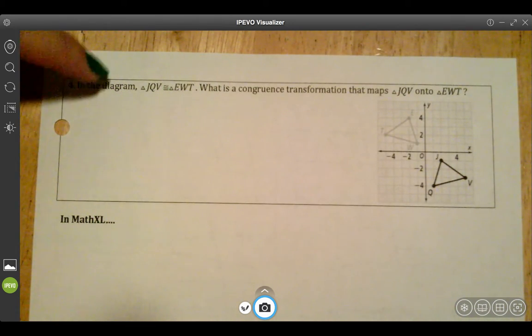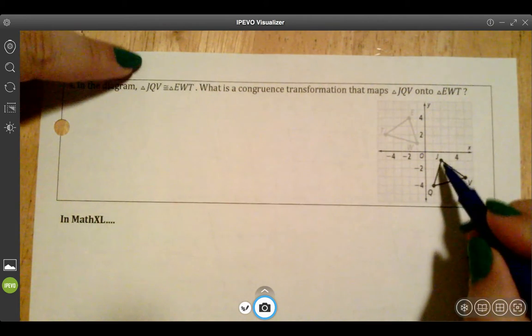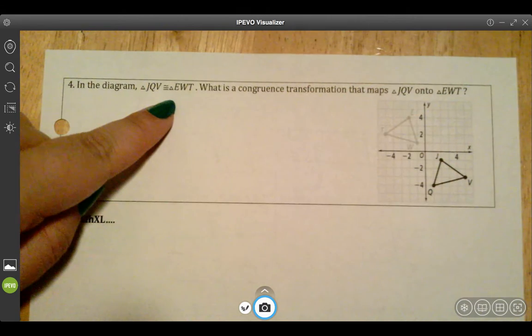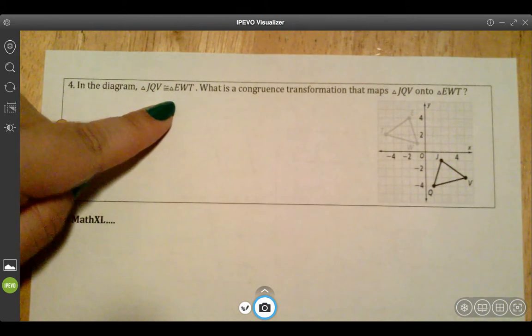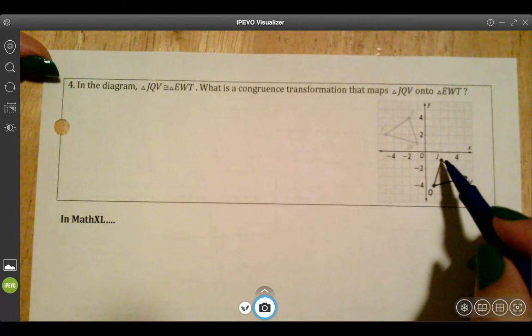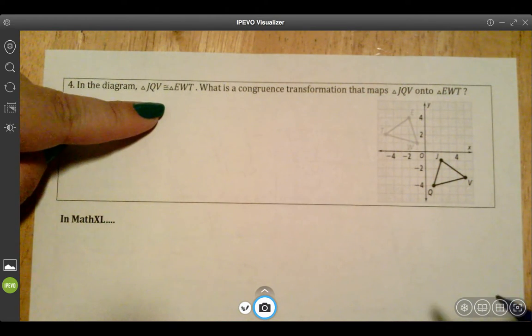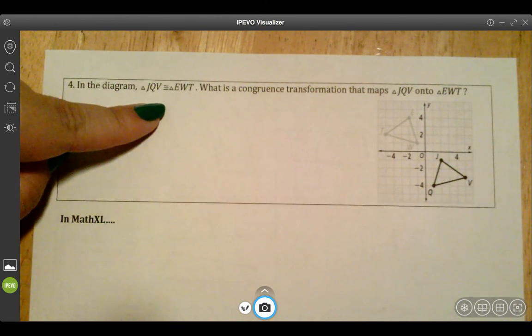In this example, we have triangle JQV and triangle EWT. They already told us that these two triangles are congruent, which means I should be able to transform this triangle onto that triangle. This congruence statement is going to help us determine what transformation to perform.